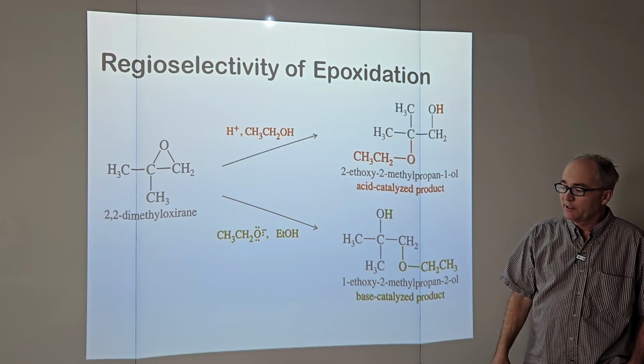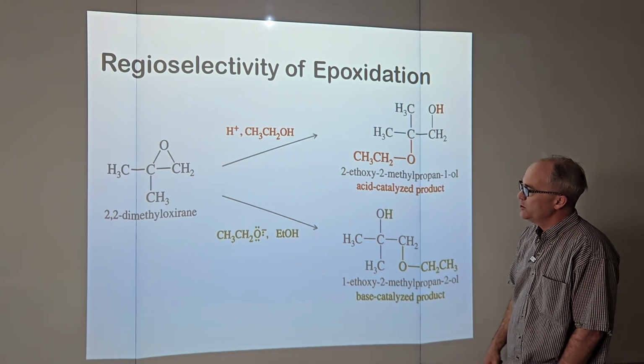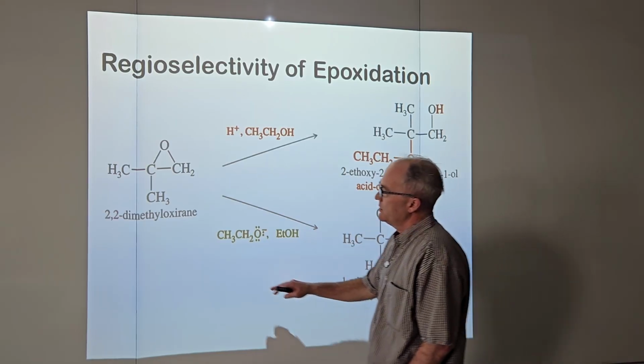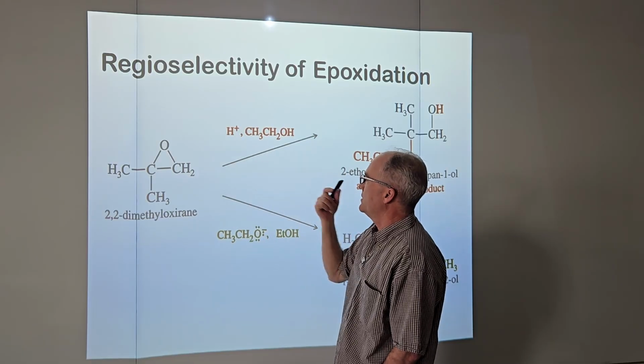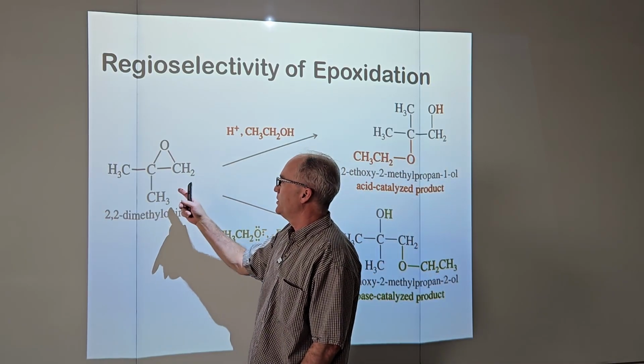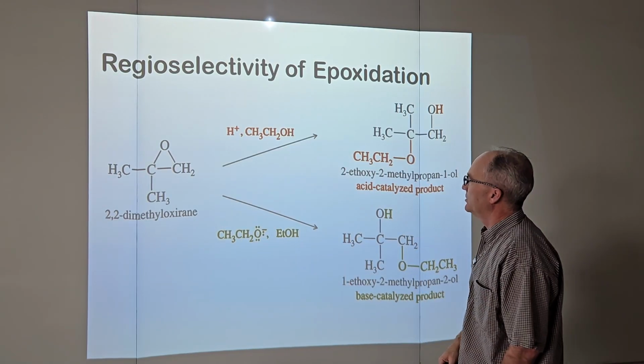So here's the important thing that I want to get to out of this chapter, which is regioselectivity. So here is an epoxide, here is acid catalyst, here's an alcohol. So this thing's going to get opened up, and we're going to form an ether and an OH group ultimately.